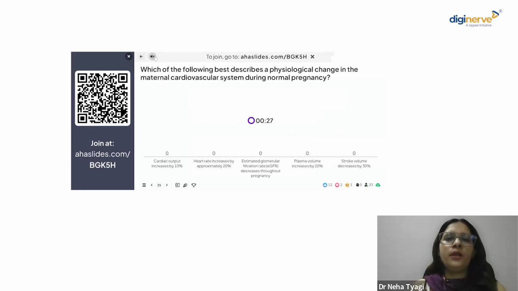Which of the following best describes the physiological change in the maternal cardiovascular system during normal pregnancy?